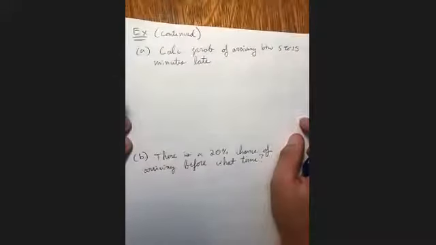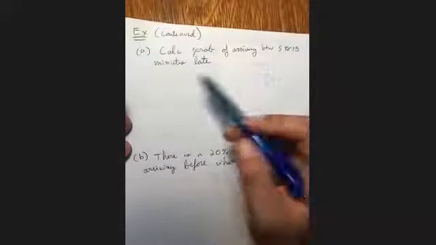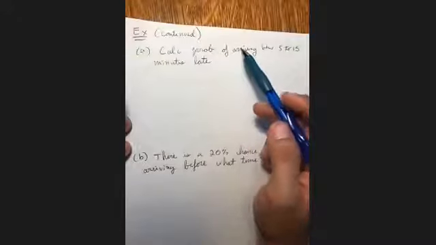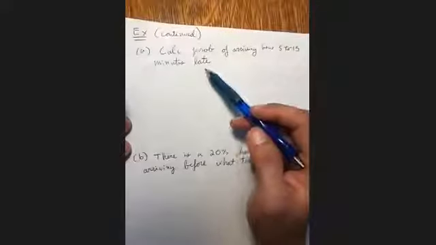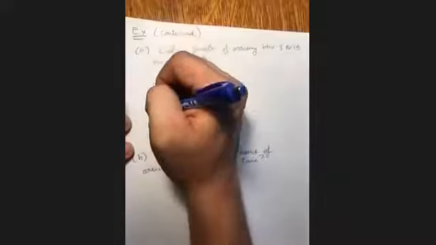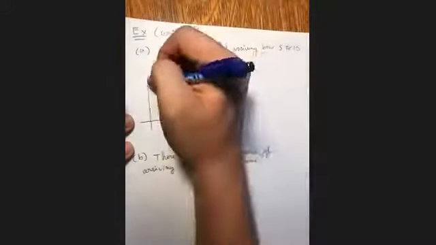We're working with the same example, but now we're going to calculate a few different probabilities. Okay. So the first thing we want to do is calculate the probability that we will arrive between 5 to 15 minutes late. Now, as I said, probability is equal to area.